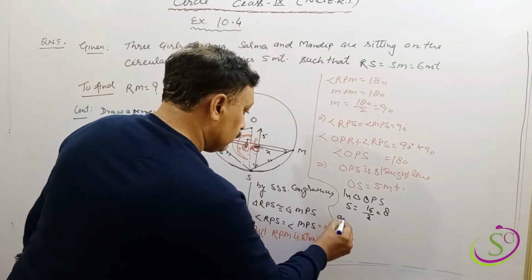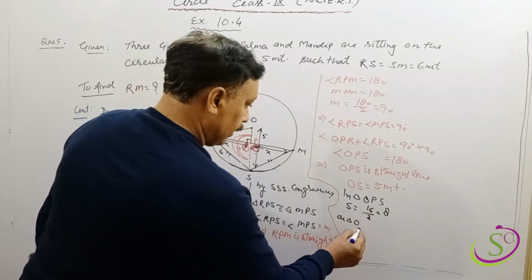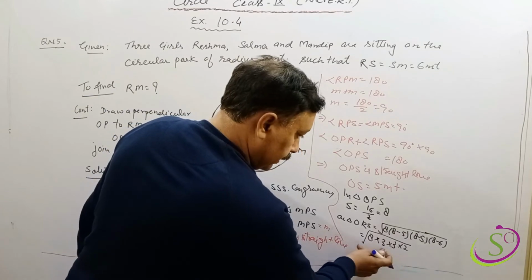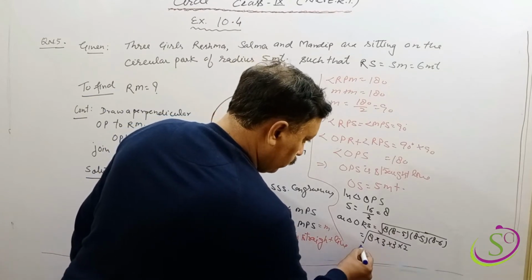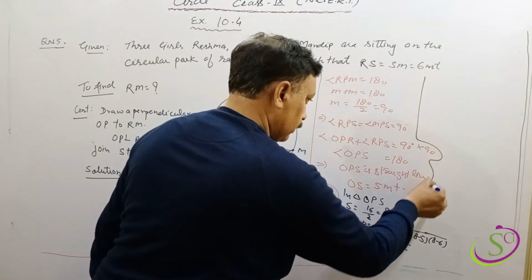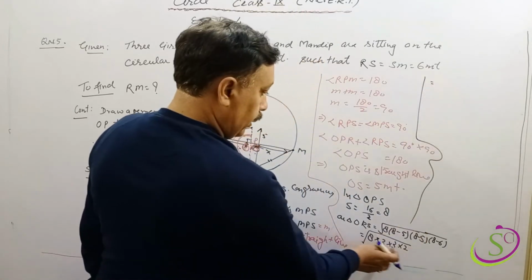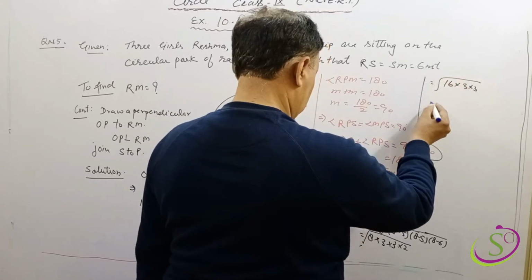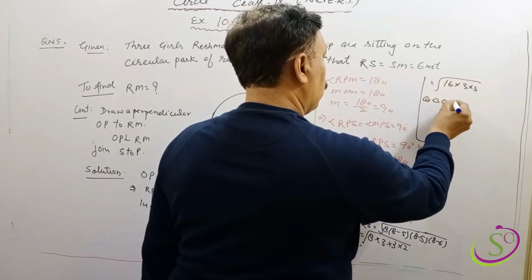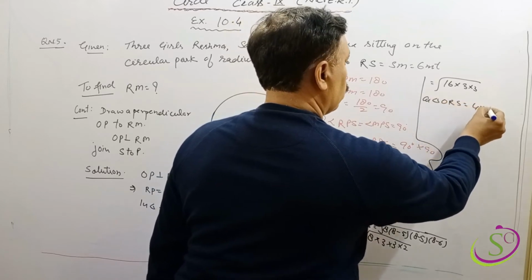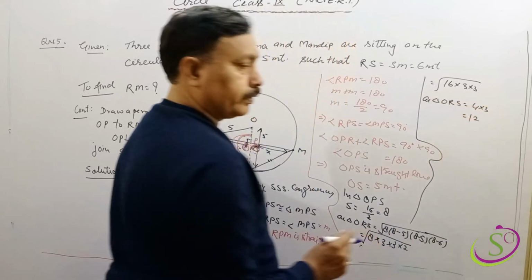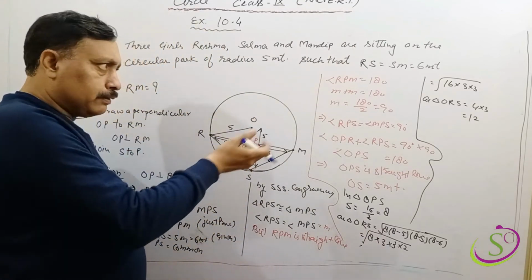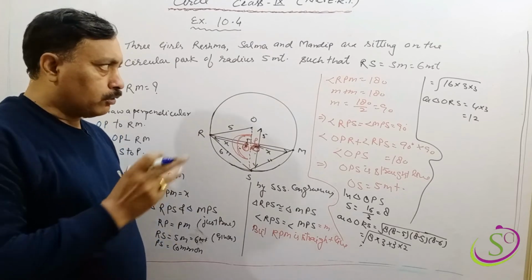So area of triangle ORS equal to under root 8 into 3 into 3 into 2, so square root of 16 into 3 into 3. So area of triangle ORS is 4 into 3, that is 12. Clear? Means by using Heron's formula area of triangle ORS we find 12 meter square.